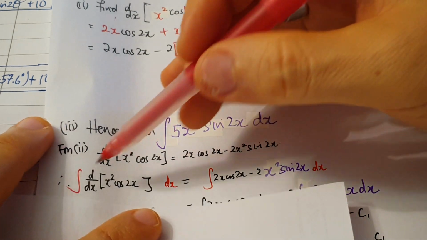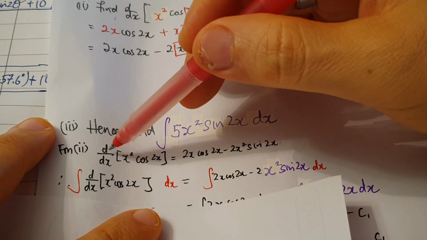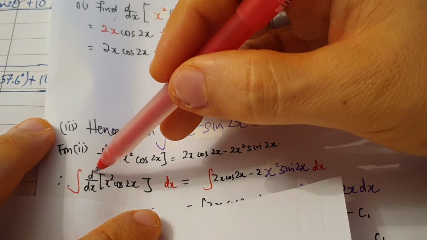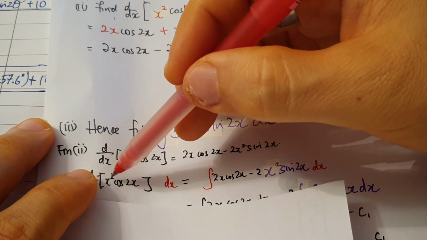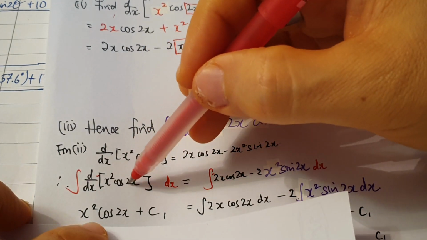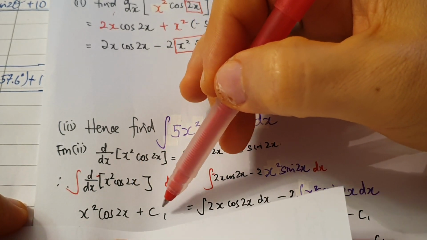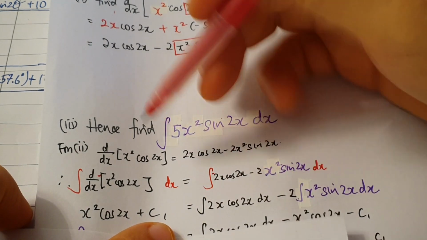So if I were to integrate both sides with respect to x, I will have this cancelling each other out. This differentiation and this integration will cancel each other out. So I will just end up with x squared cos 2x. You see, this is exactly the same as this. Plus a constant. I call it C1 because there will be other constants later.